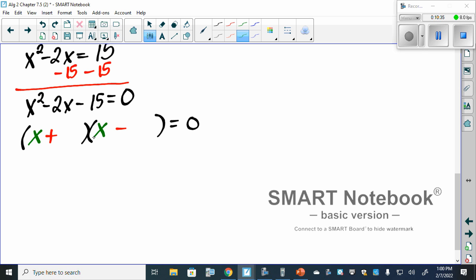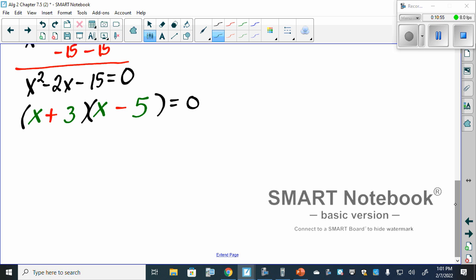Which one do we want to use? 3 and 5. And which one would be positive? The 3 would be positive and the 5 would be negative, yes. And if we check this, we would get a negative 2 for the middle term. Any questions on how we got to this point here and how we got this factored?